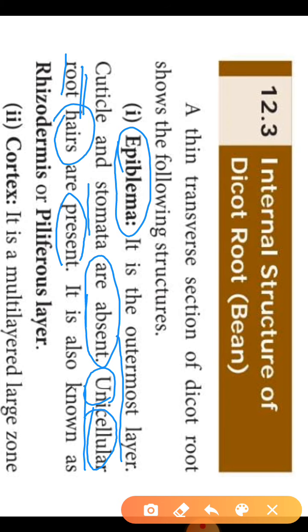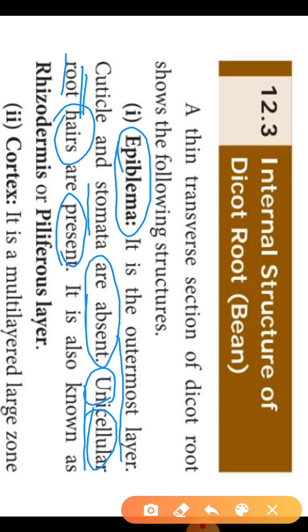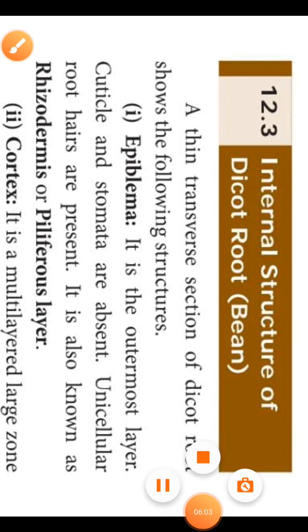The single cell hair growth is called root hairs, which are present. What are the other names of epiplemma? Rhizodermis and foliferous layer. Okay, this is a 2 mark question.